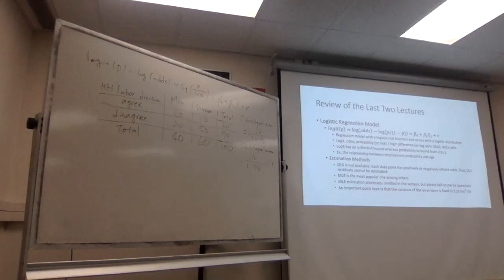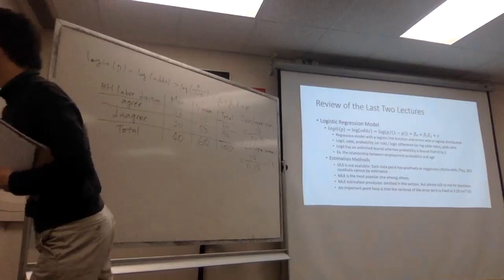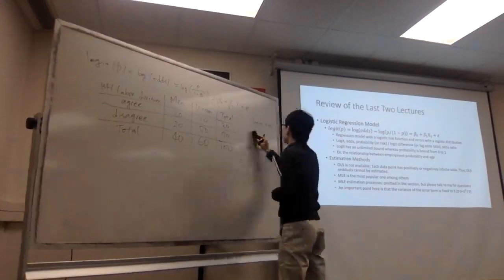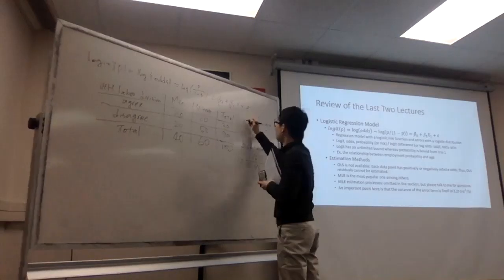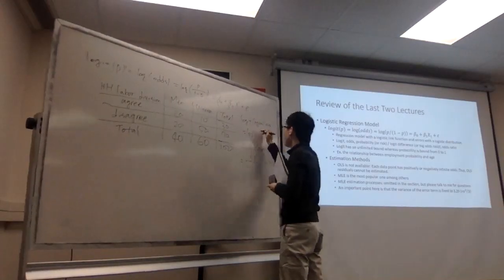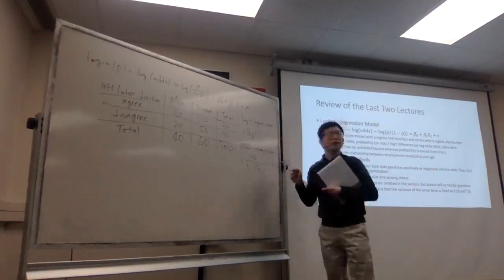Does that make sense? And the logit, which is log odds here, is the log of 1, which is 0 actually.